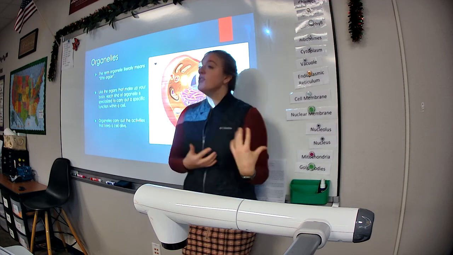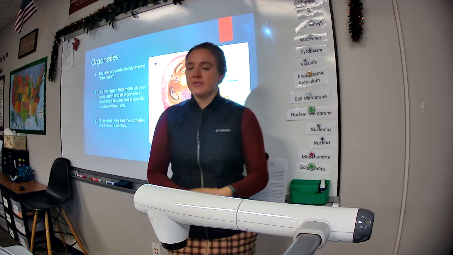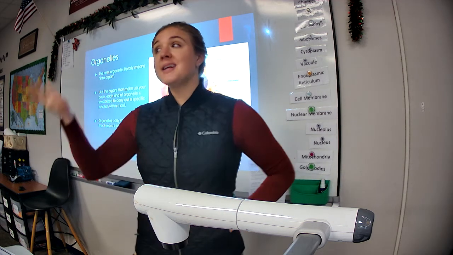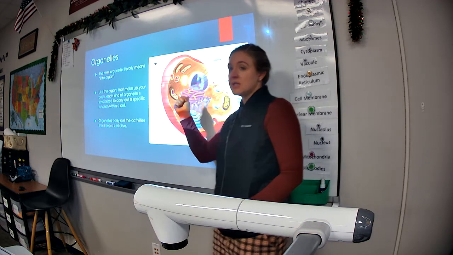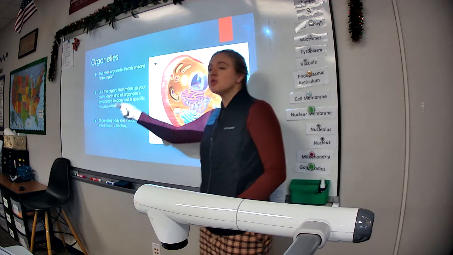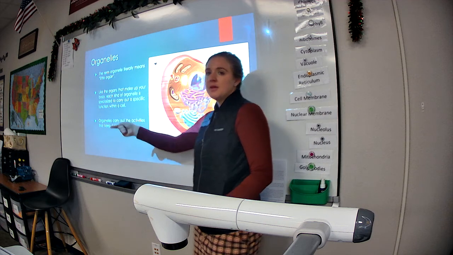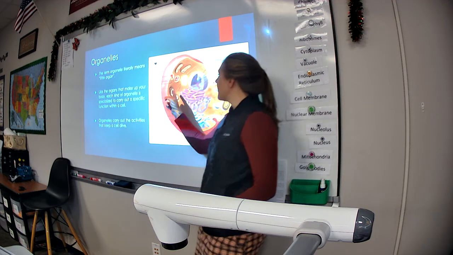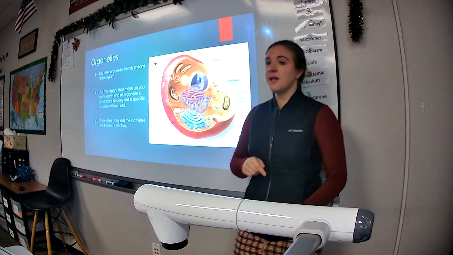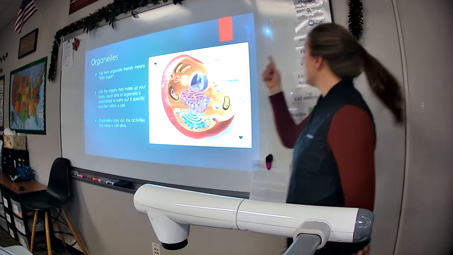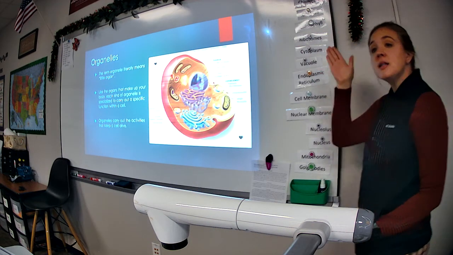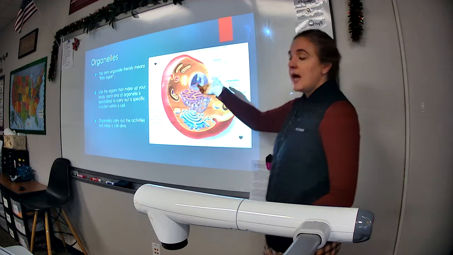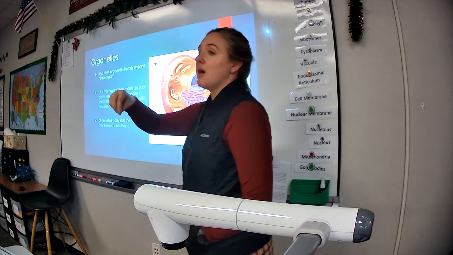Every single organ in our body has a specific job. So it makes sense that the organelles, the little organs within the cell, each have their own job as well. They're not going to be named stomach and lungs and heart; they're going to be named more like the words you see up here. We are going to talk about each of these organelles and what their job is within the cell.